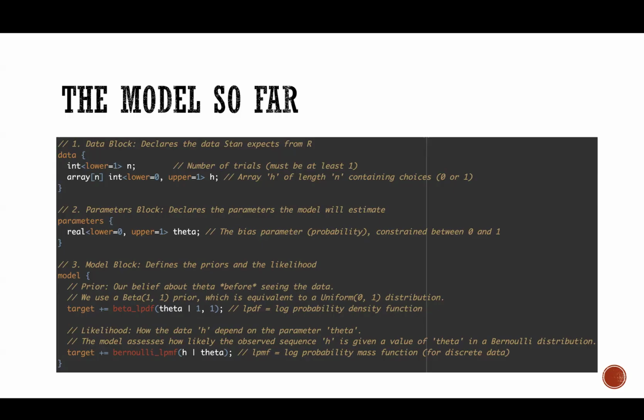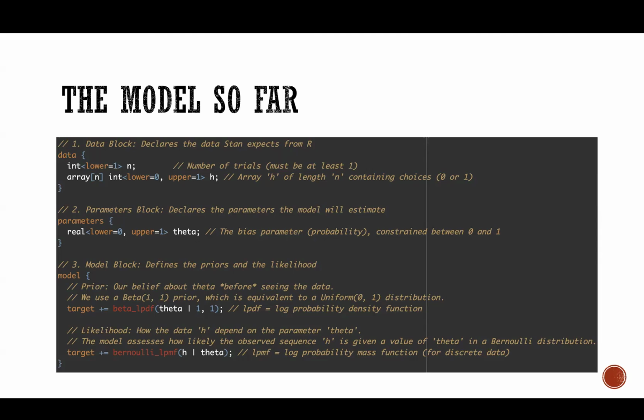If it has 1.5 trials, then there's a problem. The choices are integers with a lower value of 0 and an upper value of 1. There can only be 0 and 1. Would the model work without those boundaries? Yes. Why do we put them? Because let's say that we have several data sets, one in which the choices are coded as -1 and 1. This is going to give us an error and let us see the problem.